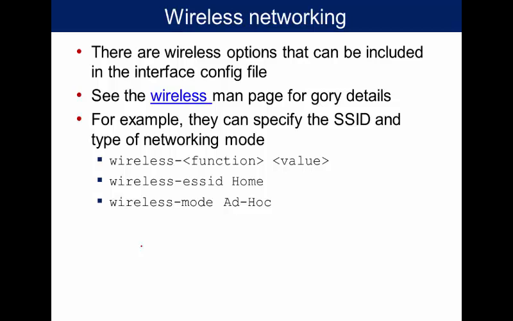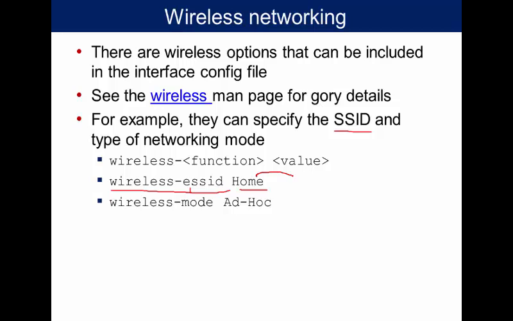Wireless networking is similarly defined in that way. When you do DHCP, then you need to specify the SSID, service set ID, of your access point, and you need to communicate through that access point. So, for example, wireless ESSID, the extended version, and home, then you need to communicate with the access point at home.